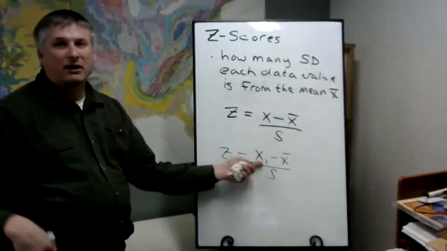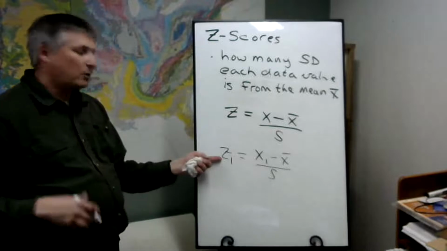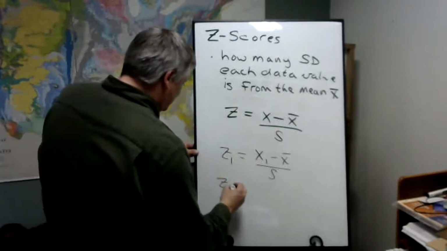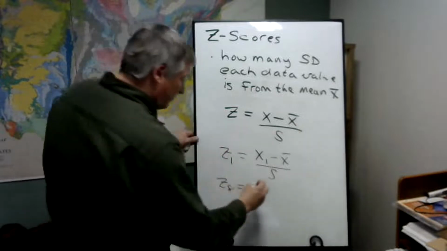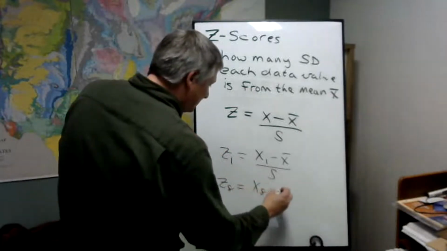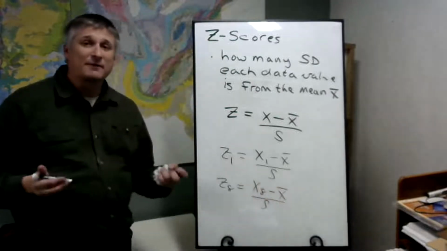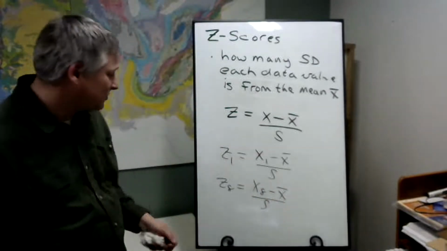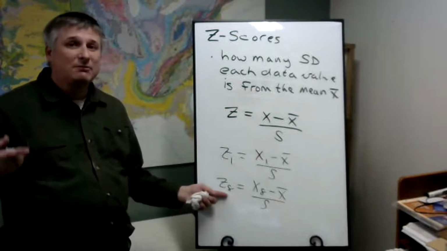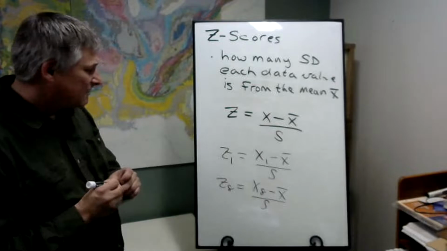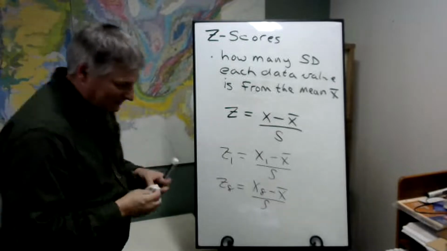So instead of reporting our x1, we would say we have z1 instead. And if we have, say, z8, well, where did we get z8? That had to be the 8th data piece, and you subtract the mean, divide by that same standard deviation. So this would be the z representation of this data value. And we'll do an example here.